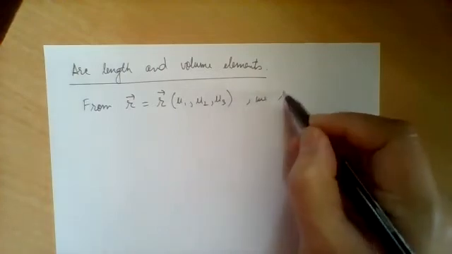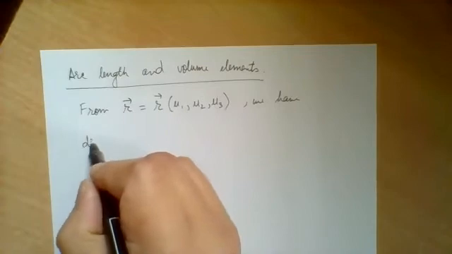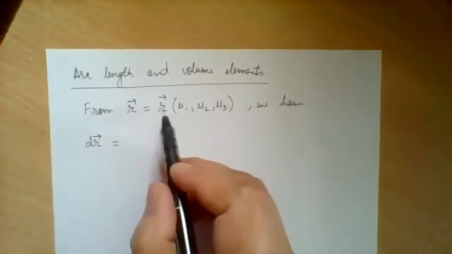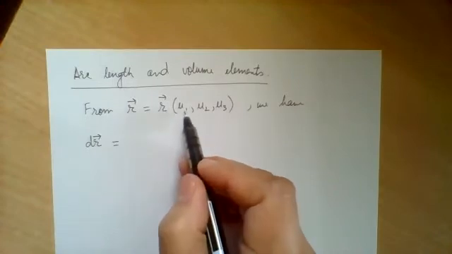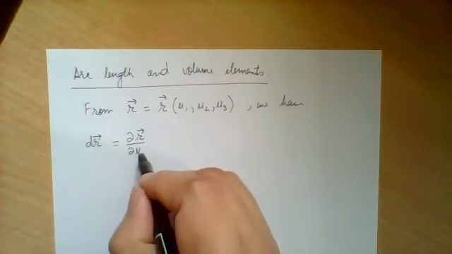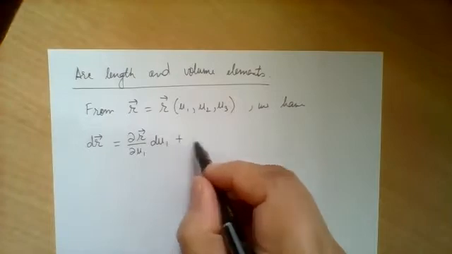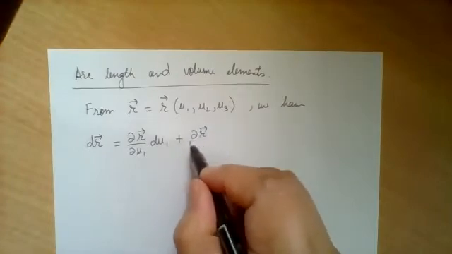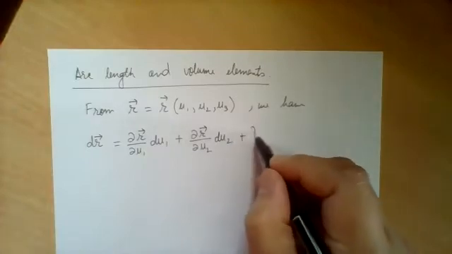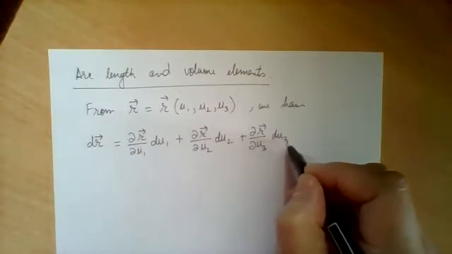If we take the differential of R, what do we get? We differentiate with respect to u1, u2, u3. This will be del R by del u1 du1 plus del R by del u2 du2 plus del R by del u3 du3.